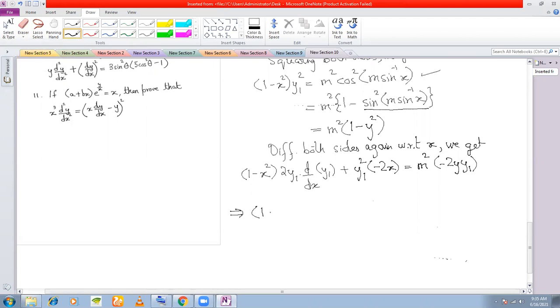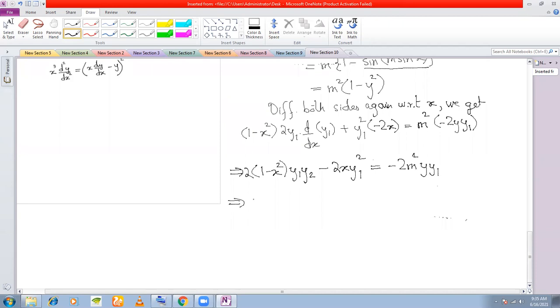That means you have twice (1 minus x square) y1, and d/dx of y1 is y2, right? And here you have minus 2x y1 square, and on the right hand side, you have minus 2m square y y1. Now you take everything on one side. So you have twice (1 minus x square) y1 y2 minus twice x y1 square plus 2m square y y1 is equal to 0, right?